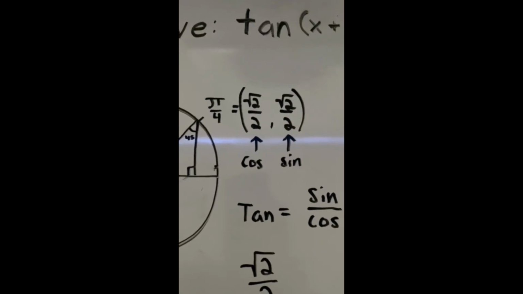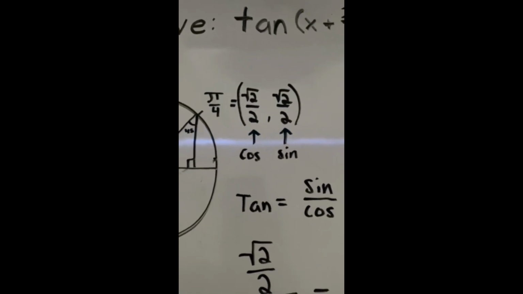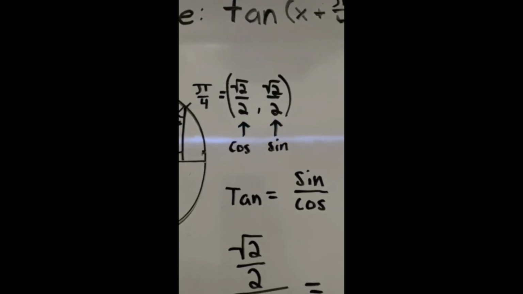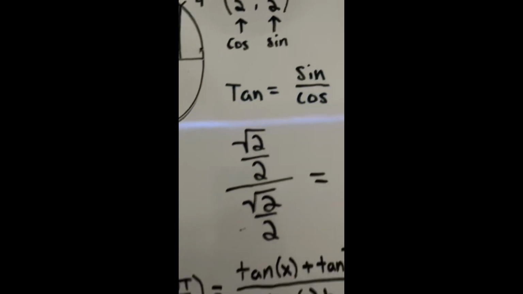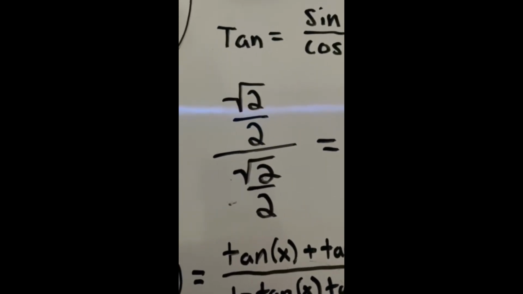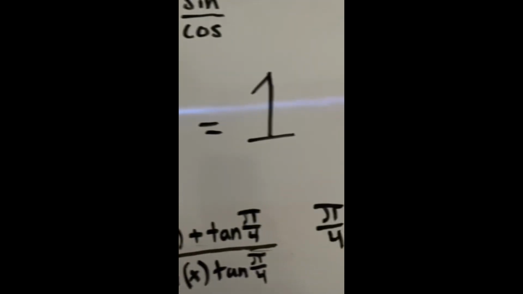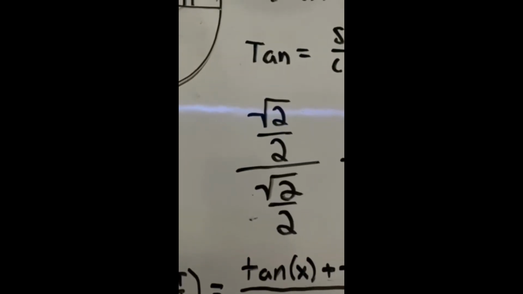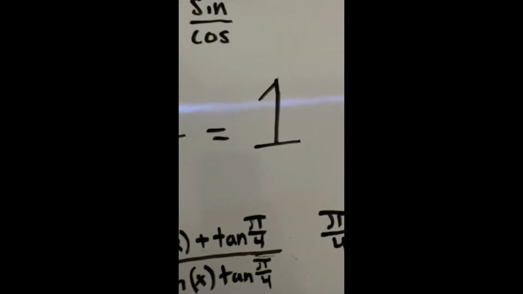And pi over 4 equals square root of 2 over 2 on both sine and cosine. Now, we need to find the tangent of pi over 4. So tan is sine over cosine, which means we end up with this jumbled mess, but it all just cancels out to equal 1. Because if we have one thing over the same thing, it is always 1. So we know that tan of pi over 4 is equal to 1.